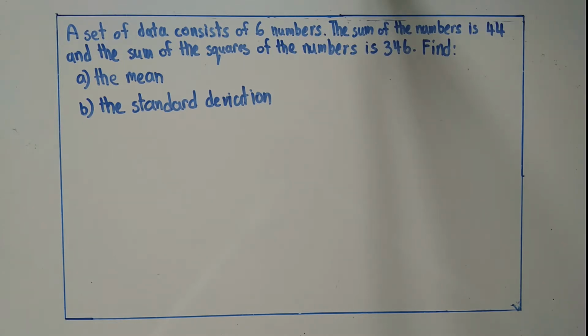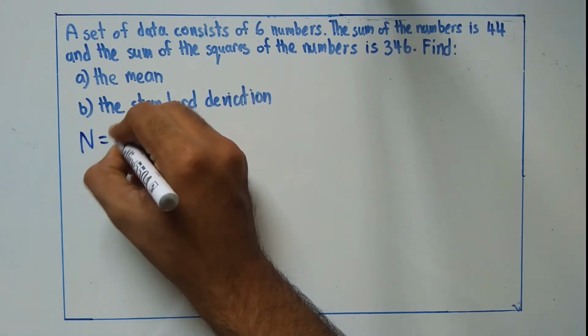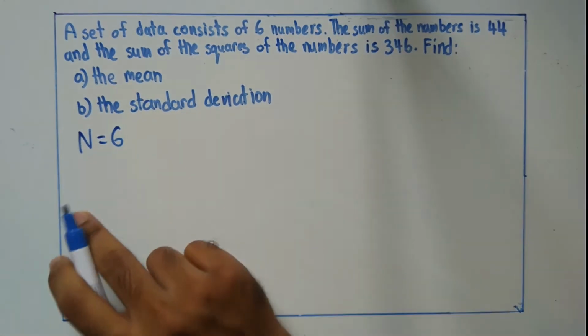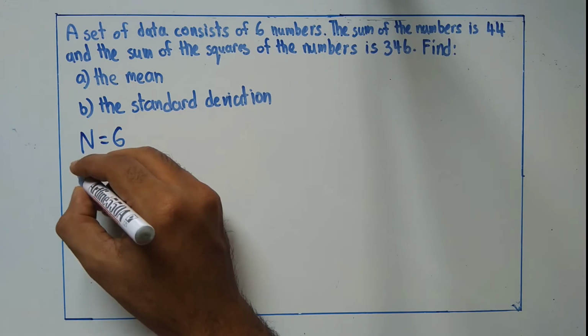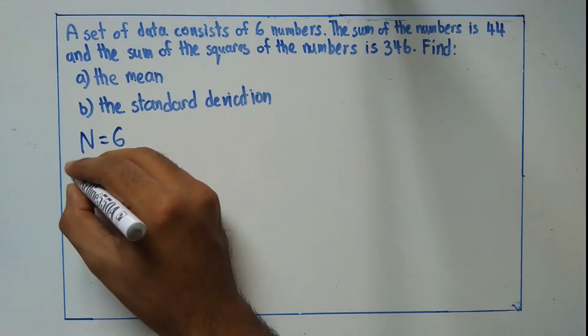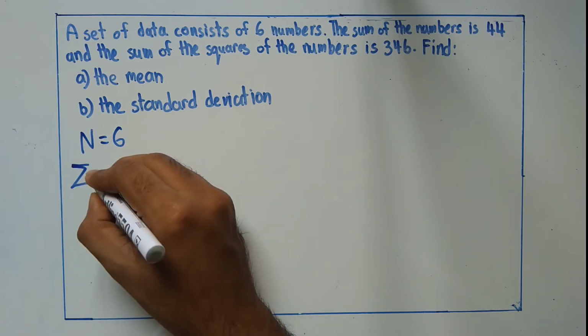Let's pull out some information from the question. We have a set of data consists of 6 numbers and the sum of the numbers is 44. In statistics, we use this sign as sum.